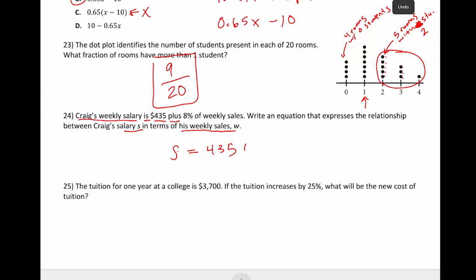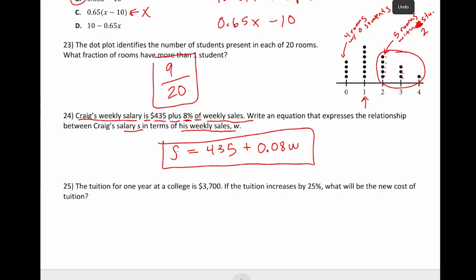Now we want to be careful. We can't write a percent in an equation. We've got to write it either as a decimal or a fraction. You could write it as a decimal. 8% is 0.08 of the weekly sales, so times W. Of being multiply, 8% being the 0.08, and the weekly sales is W.